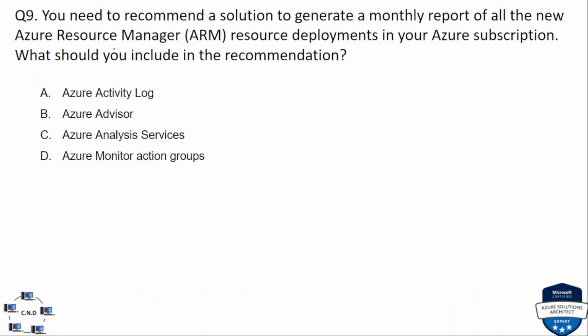Question number 9. You need to recommend a solution to generate a monthly report for all the new Azure Resource Manager resource deployments in your Azure subscription. What should you include in the recommendation? And the options are A. Azure Activity Log, B. Azure Advisor, C. Azure Analysis Services, and D. Azure Monitor Action Groups.